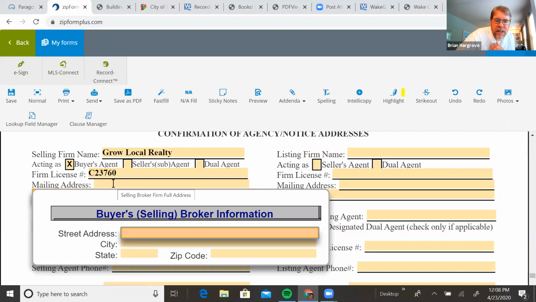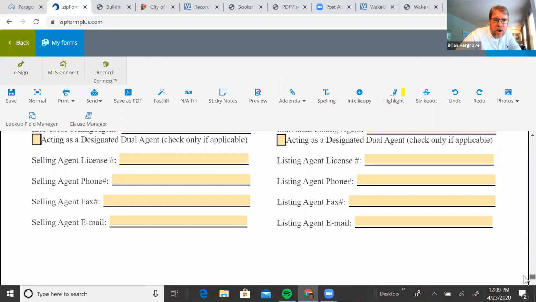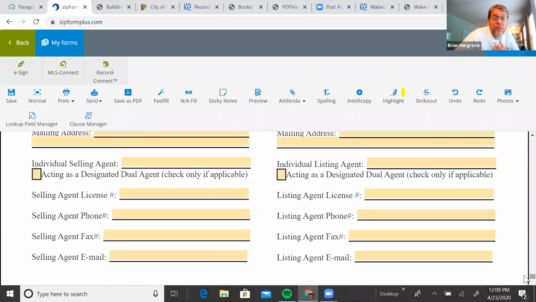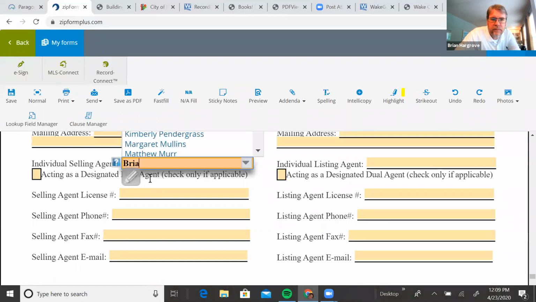I am not going to put in my mailing address. Just like I don't want them mailing things to my client, I do not want the other side of this deal ever mailing me something. That's just not a way to communicate notice or anything that's due per contract. So I'm leaving my mailing address out. But I am going to put in my name.